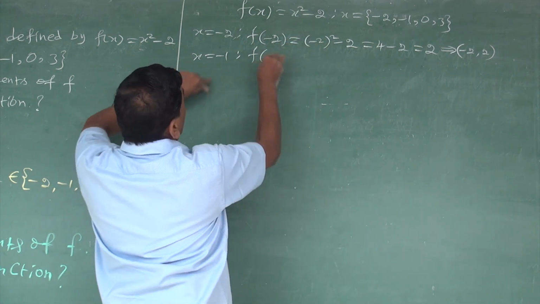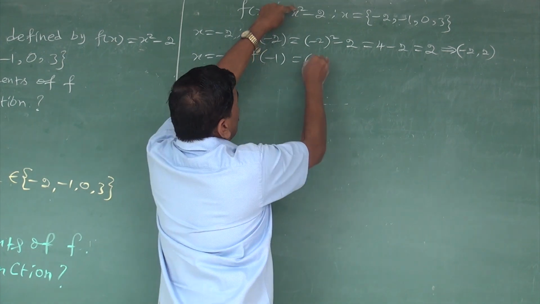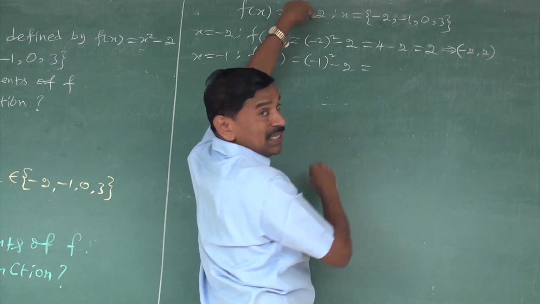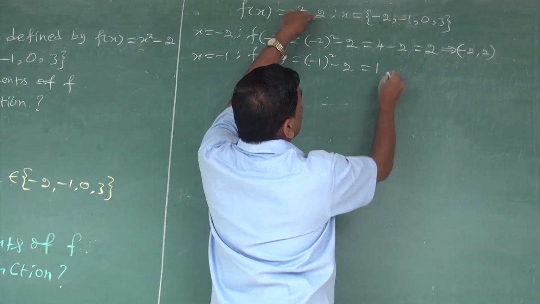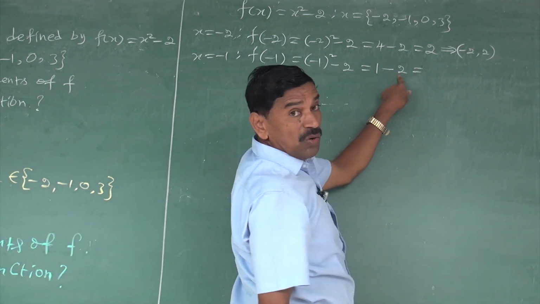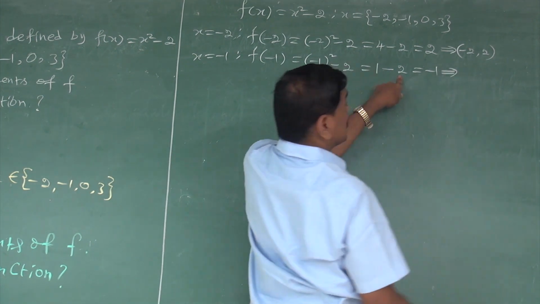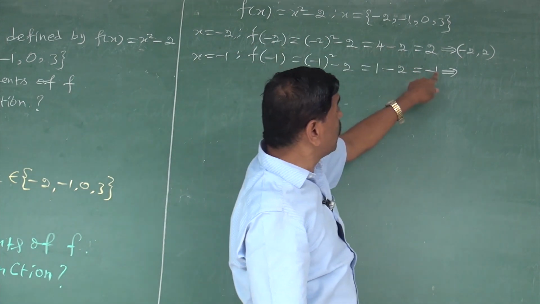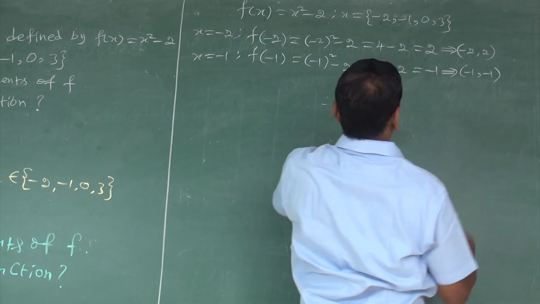So minus 1 the whole square minus 2 is equal to plus 1 minus 2, which is minus 1. What is the ordered pair? When x equal to minus 1, y is equal to minus 1, that is minus 1 comma minus 1.